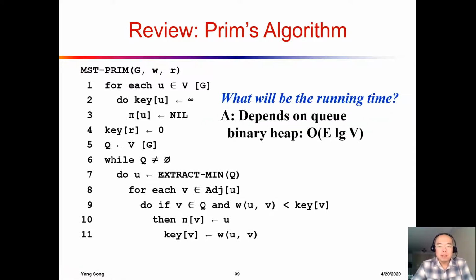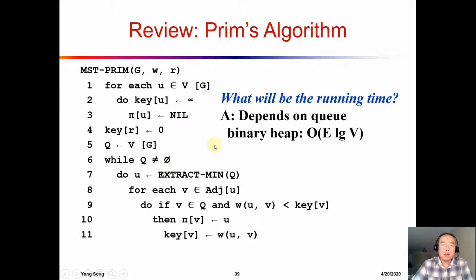Okay, so what will the running time be? Well, the running time depends on the queue. It really depends on how we implement the queue, and the queue is really an X factor of Prim's algorithm, because the performance of the queue will also impact this part, extract min, and there will be even more things we have to discuss.